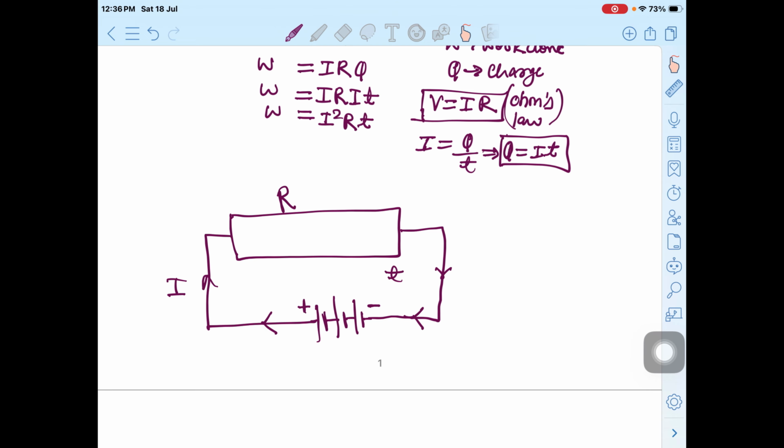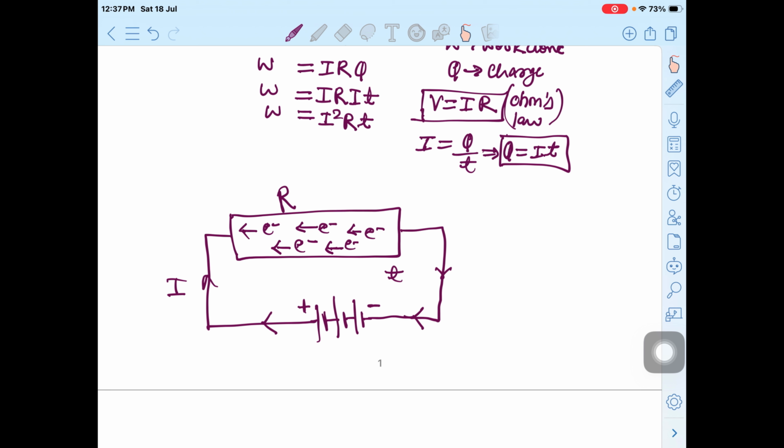Now as this is a thick wire conductor, it must have some free electrons, right? Let's draw these electrons. They are drifting from lower potential to higher potential, right?